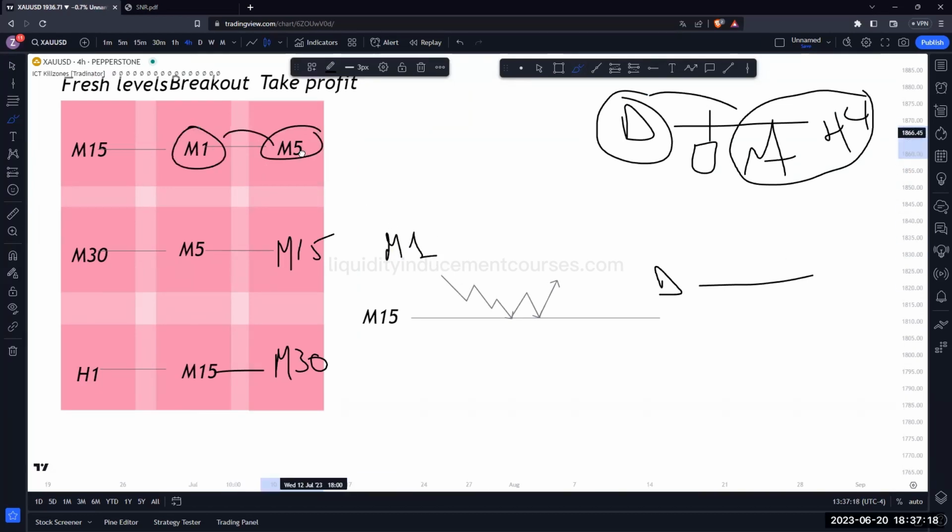An M5 storyline. That's why you TP at M5. Your TP is at the M5 level, not the gap. And if that M5 level breaks, you hold to M15.